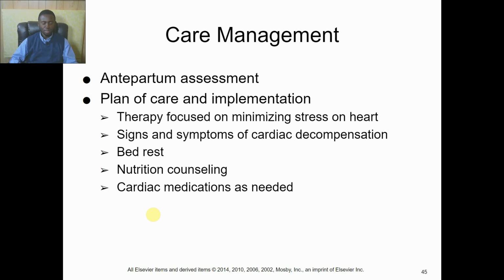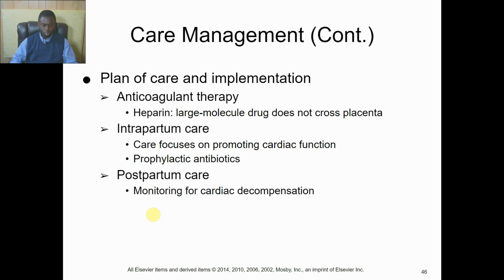And then cardiac medications, as we talked about, methyldopa and hydralazine, as indicated. There is also anticoagulant therapy that can go along with that. Heparin is a drug that is commonly used because it does not cross the placenta. So to decrease the risk of DVTs and other cardiac problems, we can use heparin as part of the anticoagulant therapy.